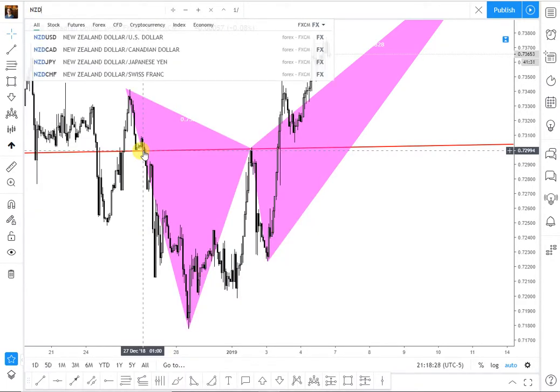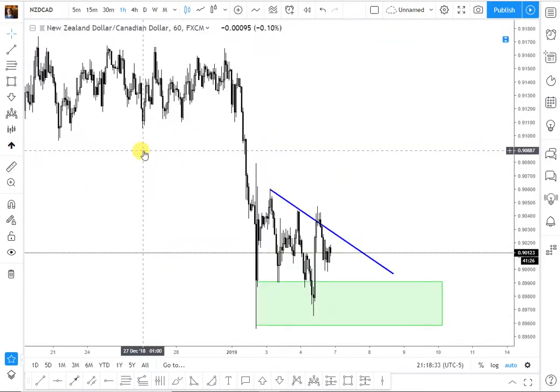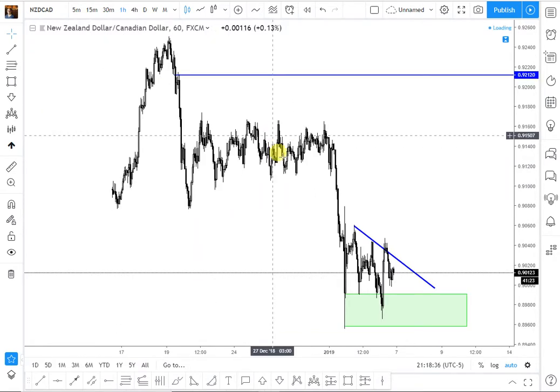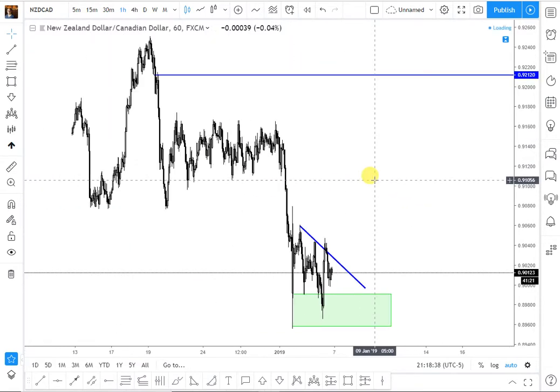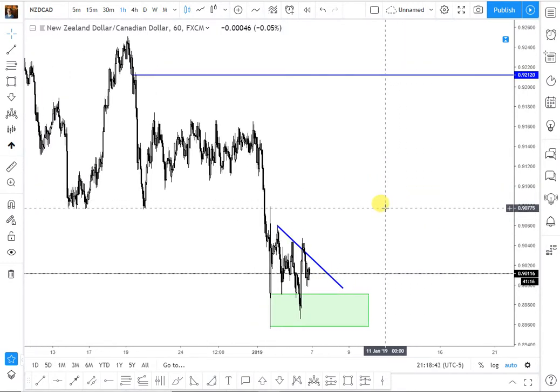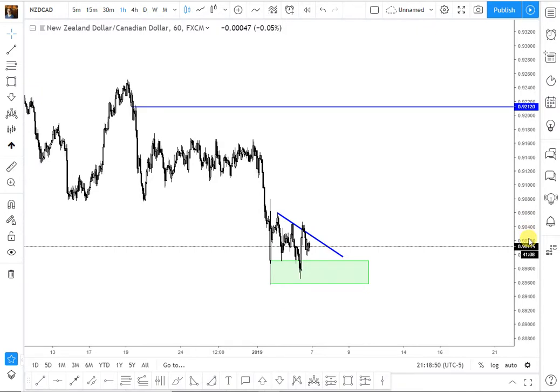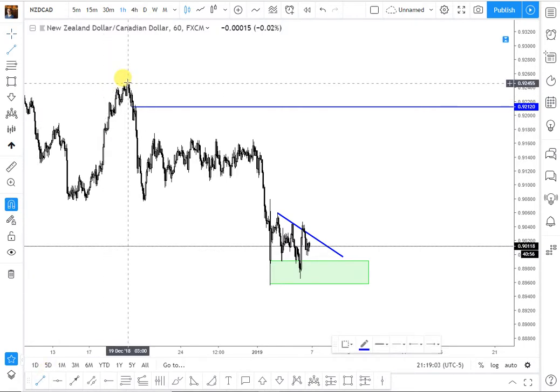New Zealand CAD. Okay, about this pair, we have multiple analyses, but I'm still going with the trend here, and the trend, as you see, is still bearish.